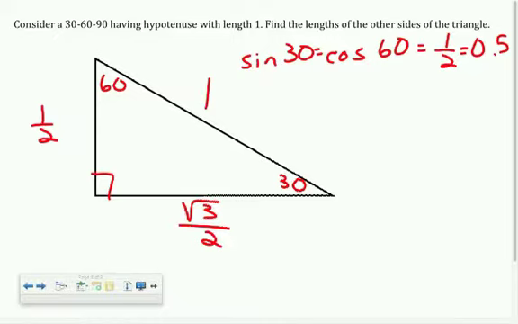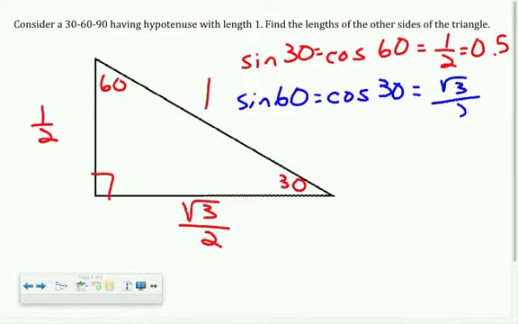Now if I calculate the sine of 60, that'll be equivalent to the cosine of 30. Sine of 60, that's opposite, which is radical 3 over 2, over hypotenuse, which is 1. So the sine of 60 is radical 3 over 2.